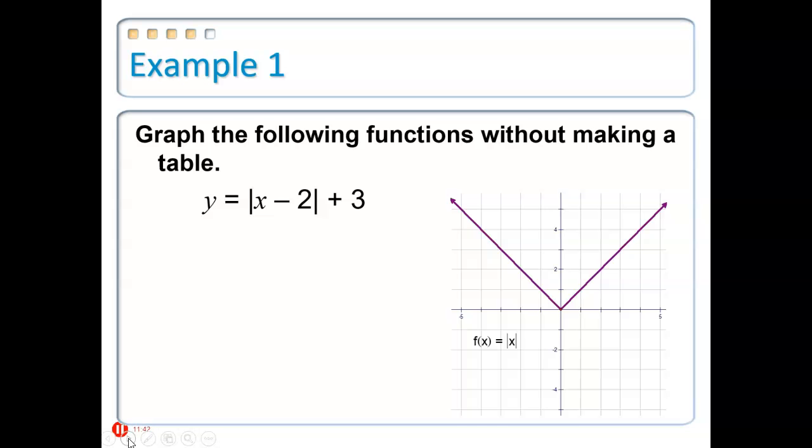So what happens when I start to move my graph, not only just left to right, but up and down, and eventually we're also going to start changing the slope. So now we have changes on both h and k.